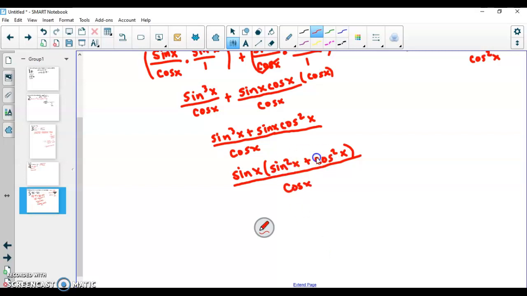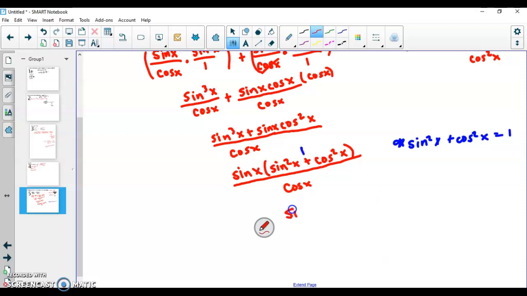Anytime you have those squared, you want to check your Pythagorean formulas. Our Pythagorean identity says that sine squared x plus cosine squared x is actually equal to 1, meaning that all of this would be equal to 1.